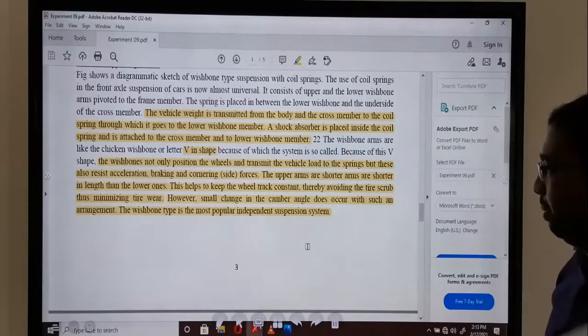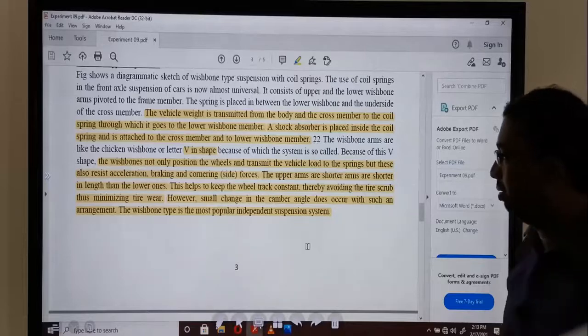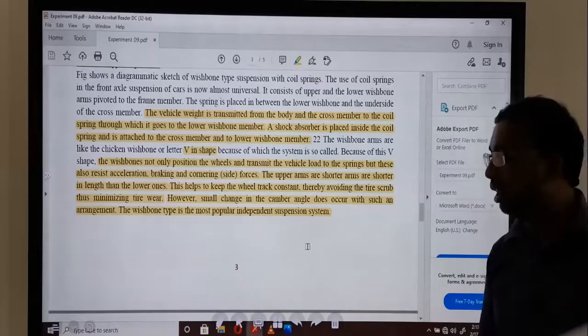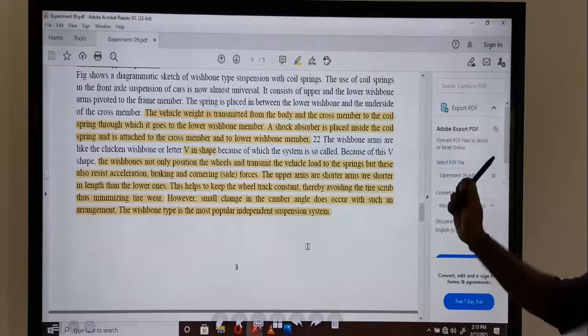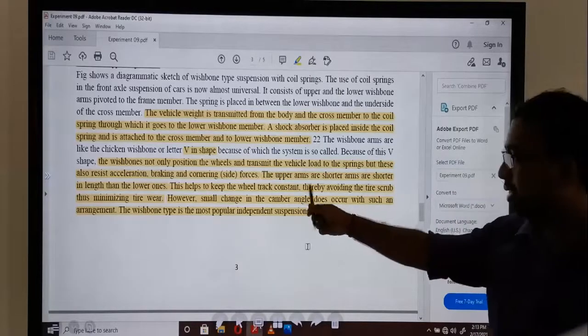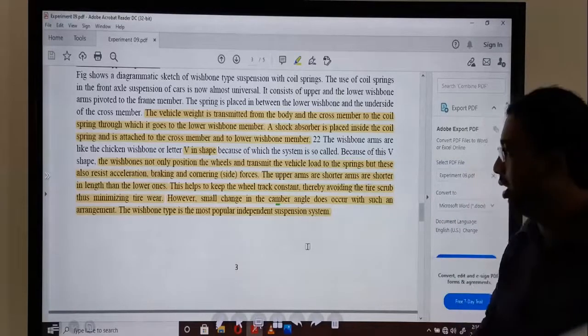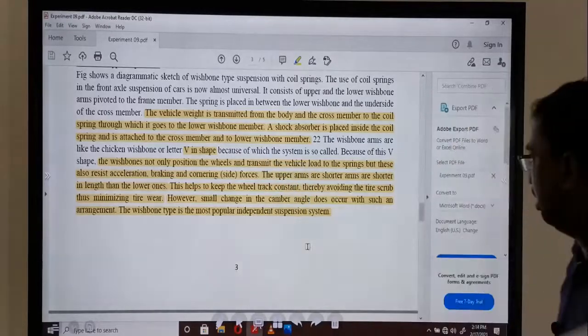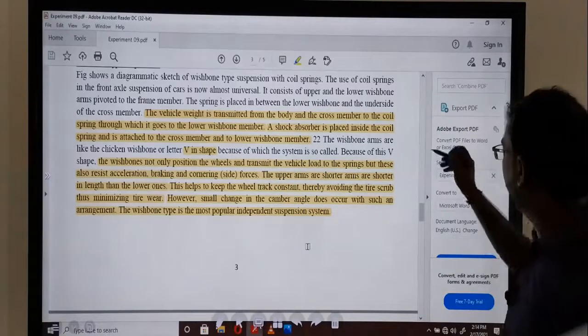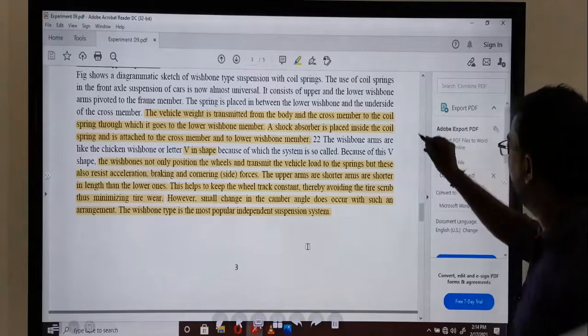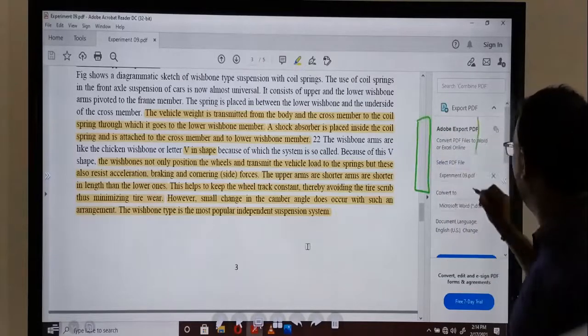The wishbone type is the most popular independent suspension system, okay. That means we can observe there is a small change in camber angle. I already explained, I think. Camber means this is the normal position of a wheel, a wheel adjustment.